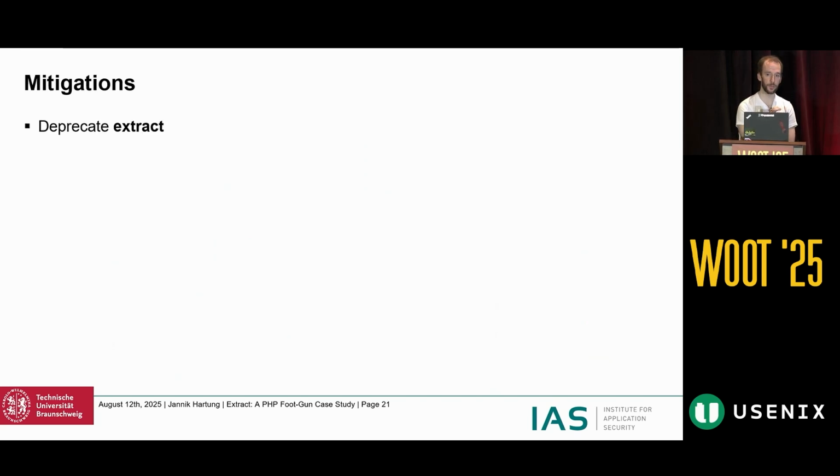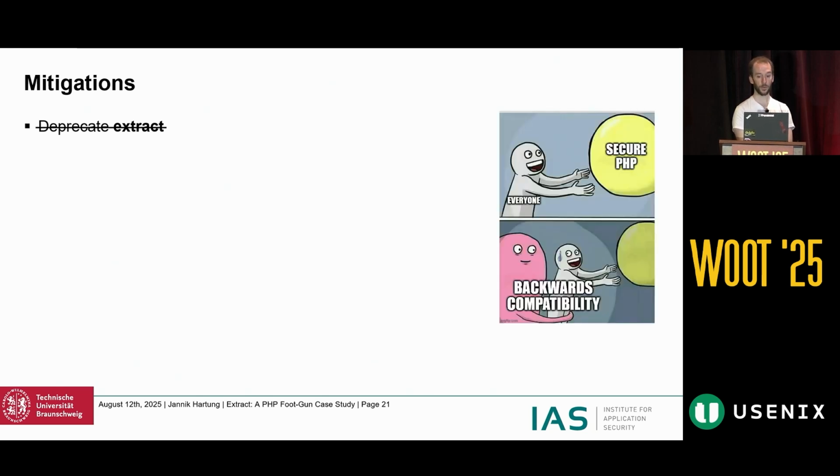If we come to the mitigations, how to prevent all this, the easiest way would be to deprecate and remove extract, but I mean, there are many more use cases where you don't use the user input in the extract calls. And on top of that, PHP is really concerned with backwards compatibility, so you can't just remove functions, even if they are a common footgun for developers.